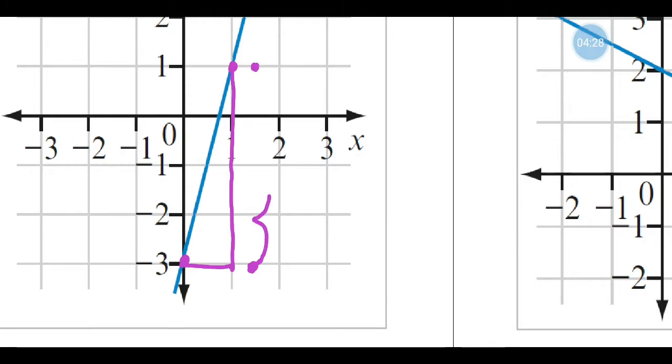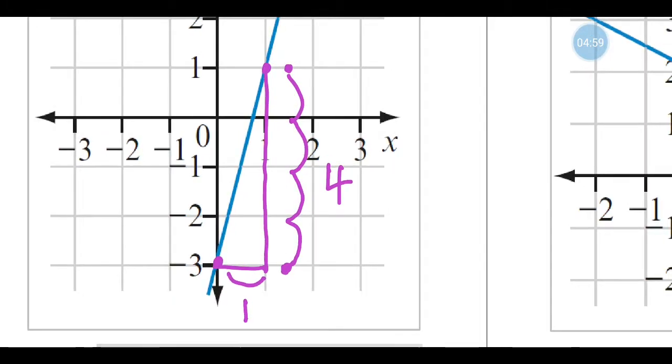I'm just going to count up from here to here to see what the rise is. So it's 1, 2, 3, 4. And the run is from here to here. The run is 1. So rise over run will be 4 over 1. Now, if the gradient of our graph was negative, that's to say if our graph was going downhill from left to right, we would need to put a negative sign in front of our gradient value.